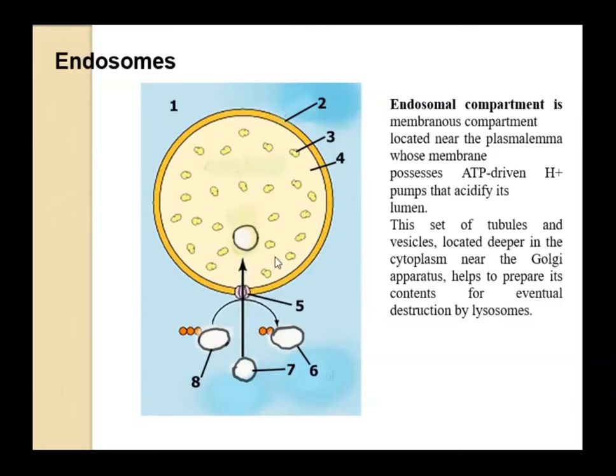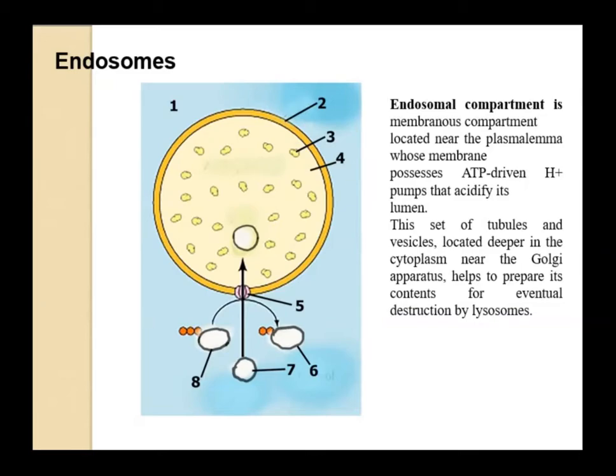What we have to pay attention to is that, no matter whether it is an endosome or lysosome, in the membrane we will have the H pumps which will carry H protons inside the organelle. By the way, it will acidify the content, and the acid environment is very necessary for the activation of the lysosomal enzymes.